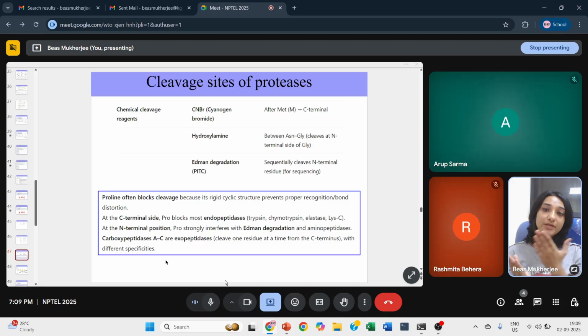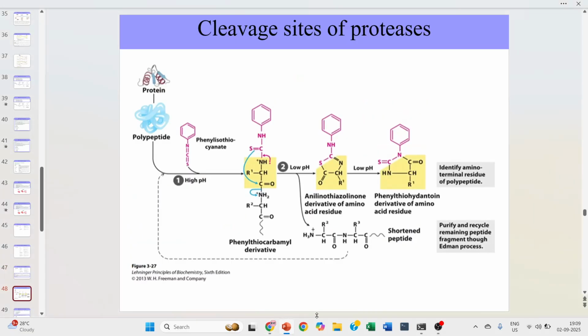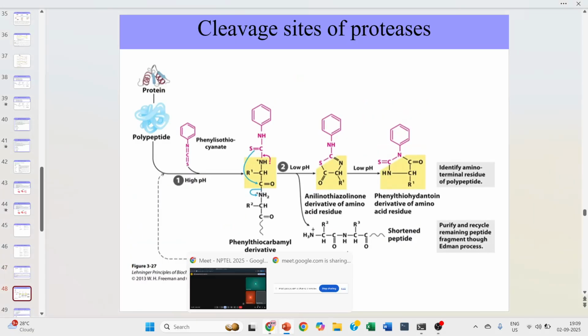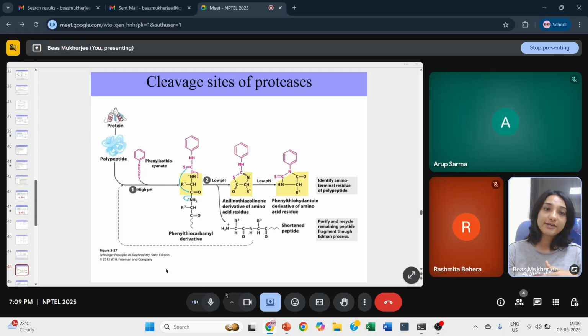Then carboxypeptidase A to C are exopeptidases, so they cleave one residue at a time from the C terminus with different specificities. So in this slide, you have the entire Edman degradation explained in detail.